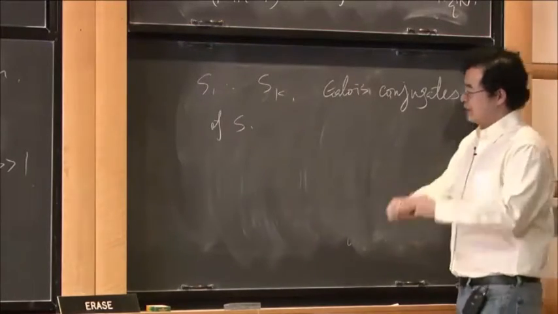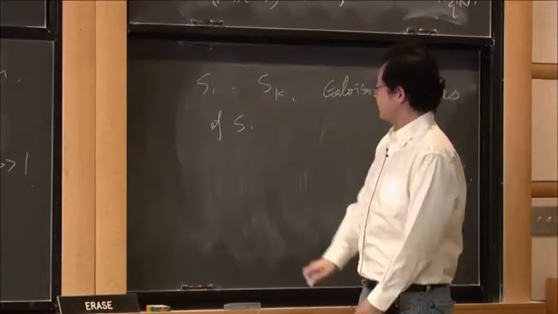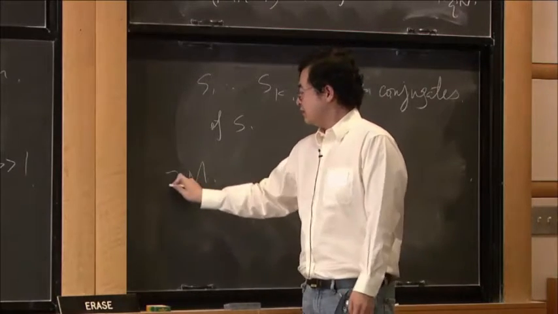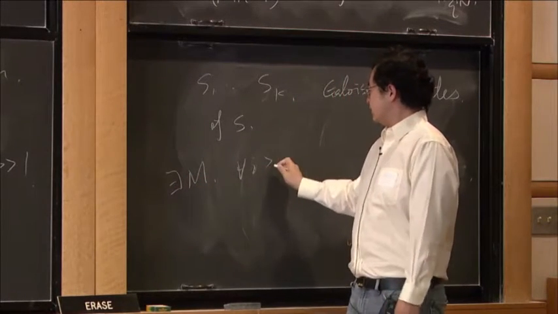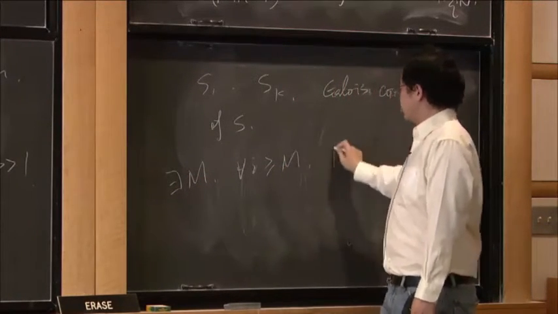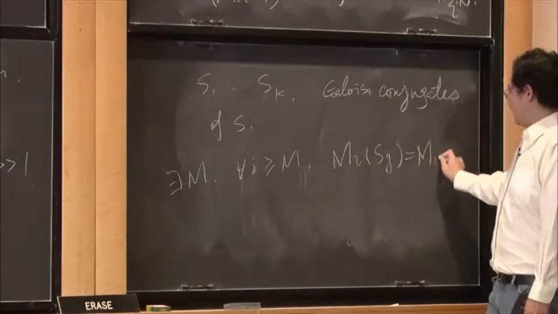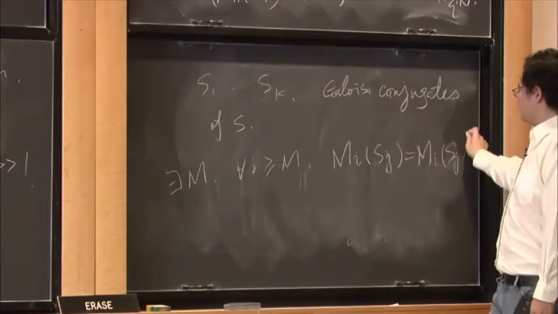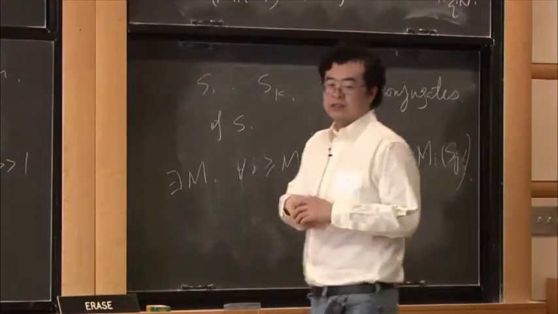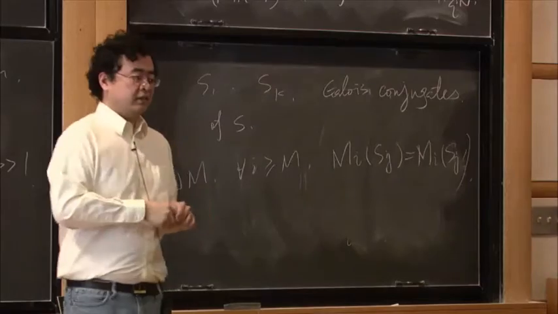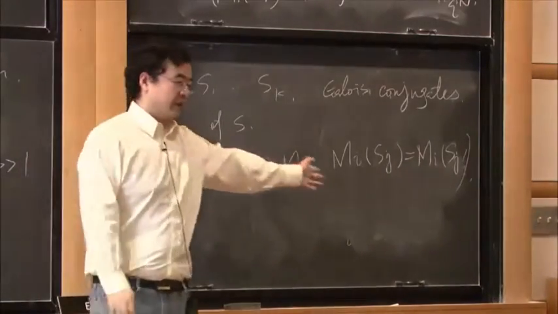So you know that there is a really large number, call it M, such that for any I greater or equal to M, this Mi of Sj is really the same as Mi of Sj prime. So then, of course, you get Galois invariance.